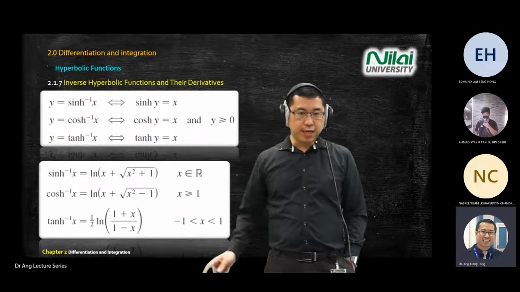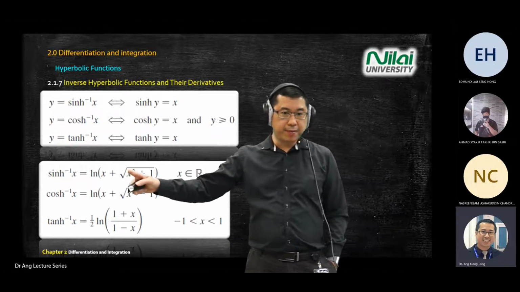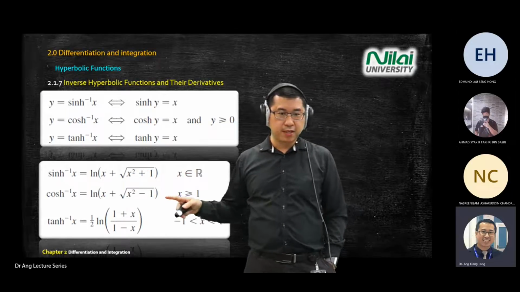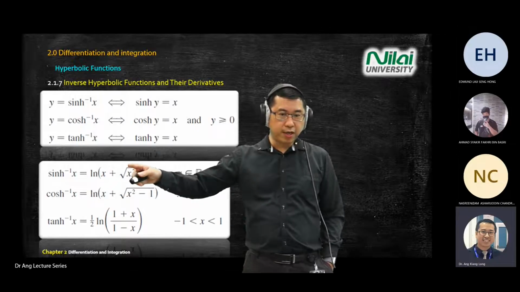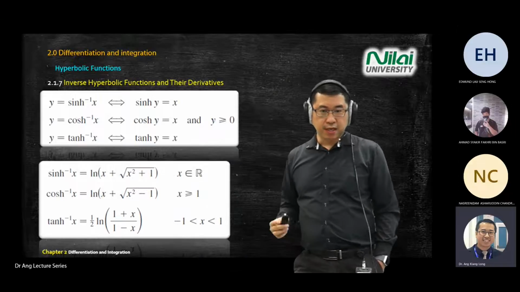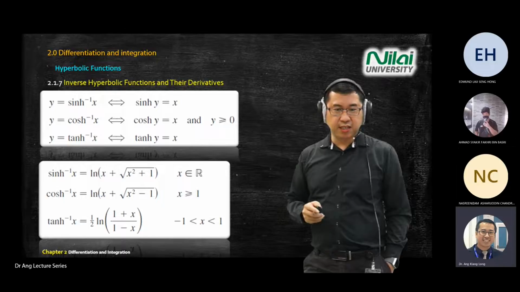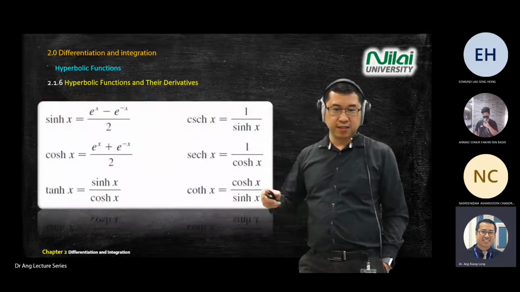Let's say you need to convert sine hyperbolic x in terms of ln. You use this table. If you need to put your answer in ln, then you use this table. If you need to put your answer in e, you use this table.